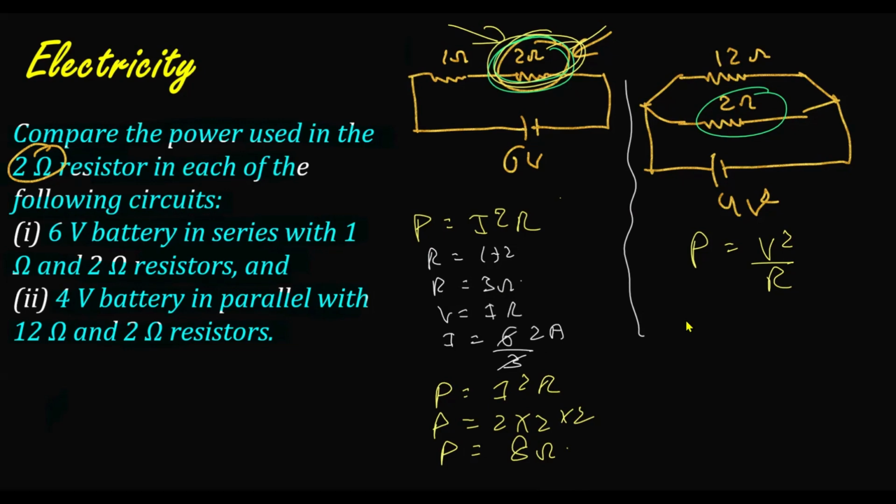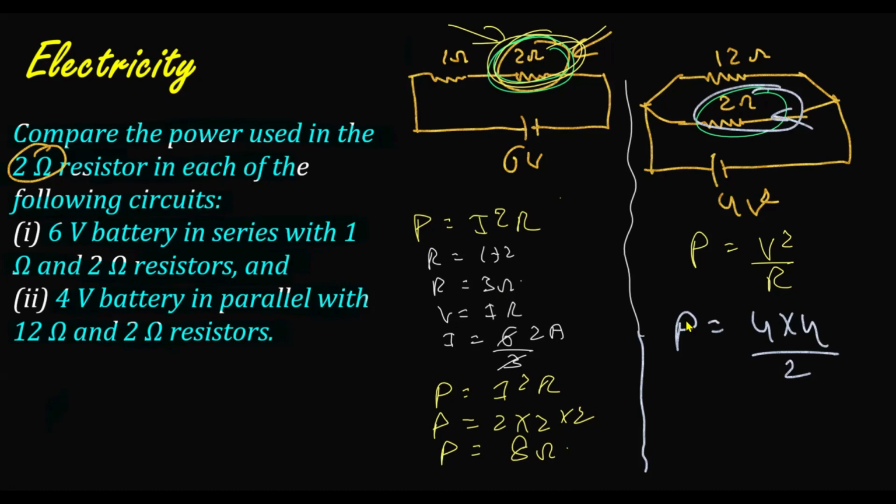Now for the other case, V square is applied here. Why? Because these devices are connected in parallel. So we need V, which is already given to us, so it'll be V square, which is 4 into 4, divided by R, and R is across this only, right? Across this 2 ohm resistor.